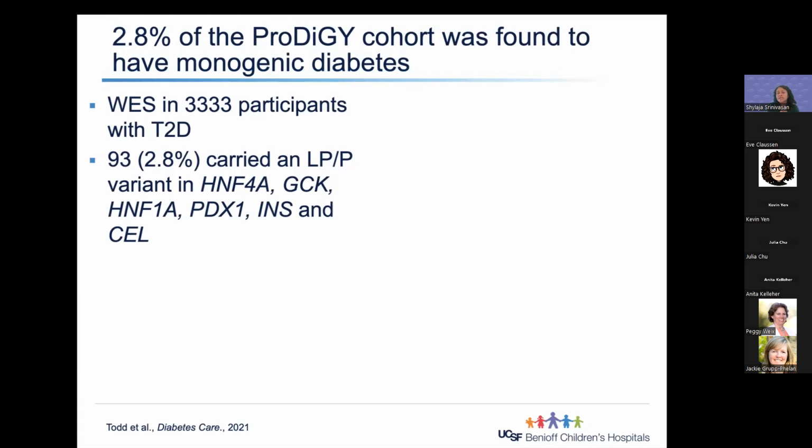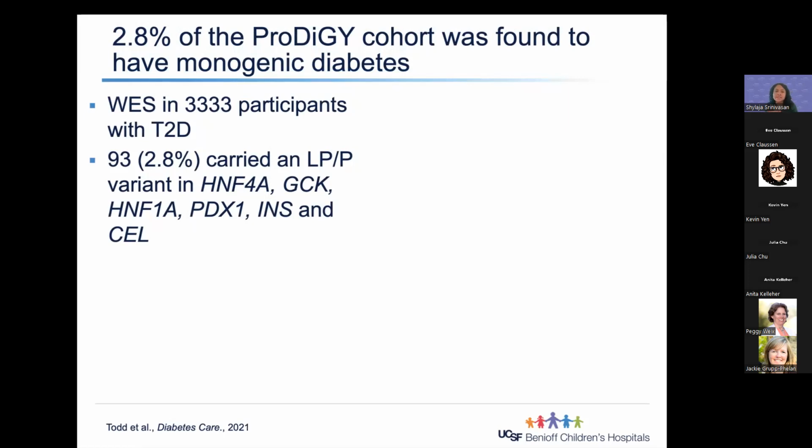And we found that 93, or 2.8%, of these individuals carried a likely pathogenic or pathogenic variant in known MODY genes, including HNF4 alpha, GCK, HNF1 alpha, PDX1, insulin, and others. We also looked at the clinical differences between those who had MODY and those who had type 2 diabetes, and specifically between those who had GCK or glucokinase MODY, which is MODY2, and other forms of MODY.